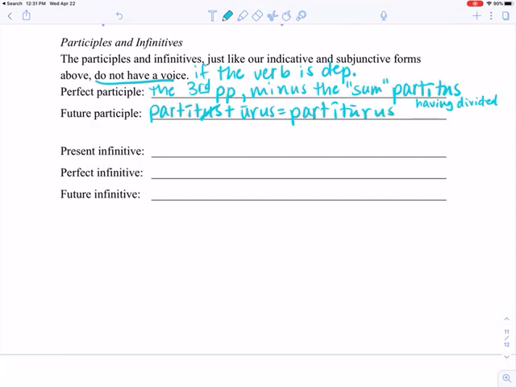Okay, and this means about to divide. For the infinitives, your present infinitive is just that second principal part. So continuing with partior, this would be partiri, and this just means to divide.